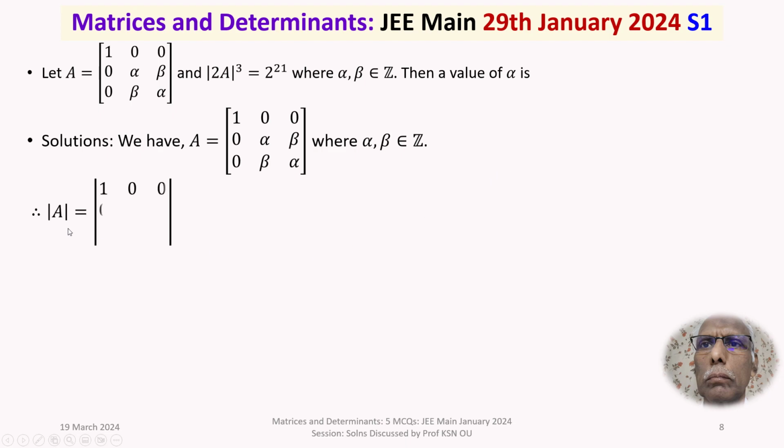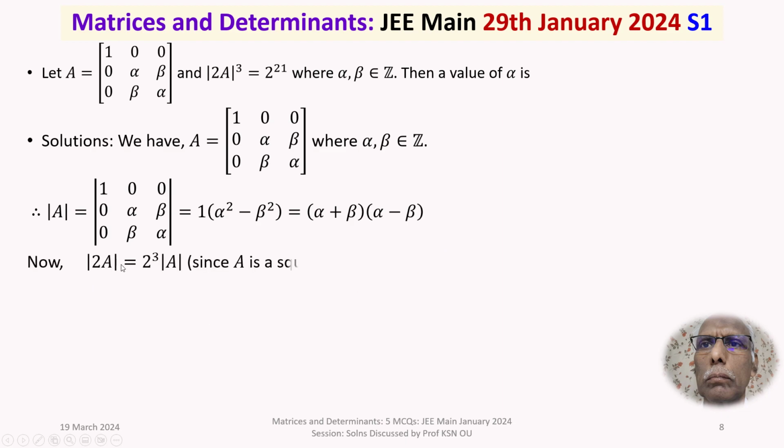Now mod determinant of A, determinant of the matrix A, and it's very easy now. Determinant is 1 times alpha square minus beta square. So that is alpha plus beta into alpha minus beta is the determinant.